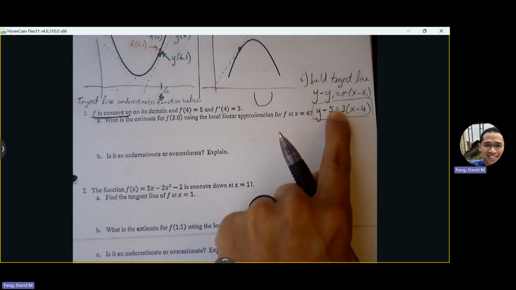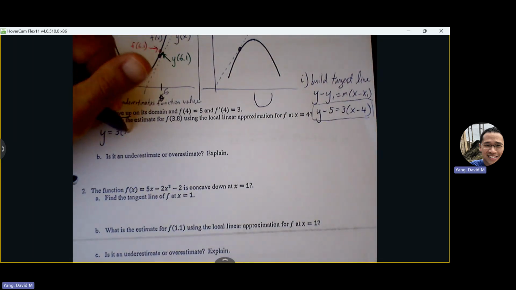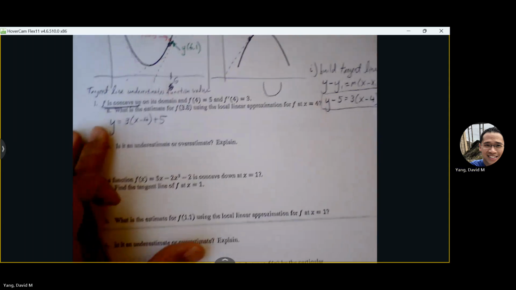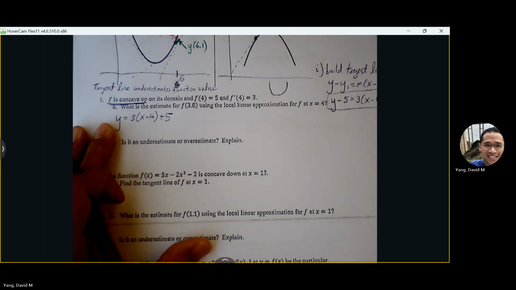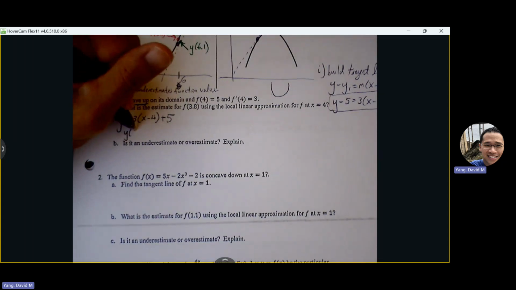I'm going to just rearrange this so I can get y by itself. So I'm going to say y is equal to 3 times x minus 4, plus 5. Now I'm going to plug 3.8 in for x. I'm going to say y of 3.8.